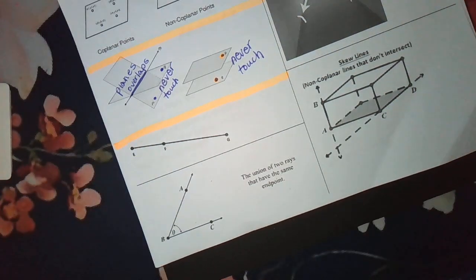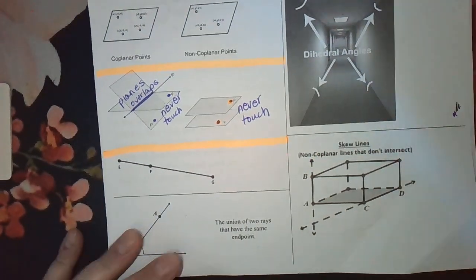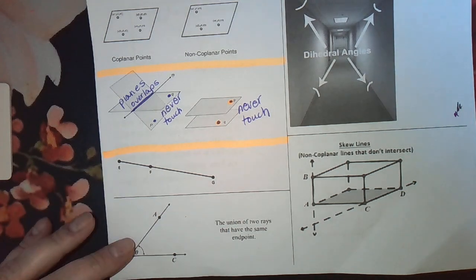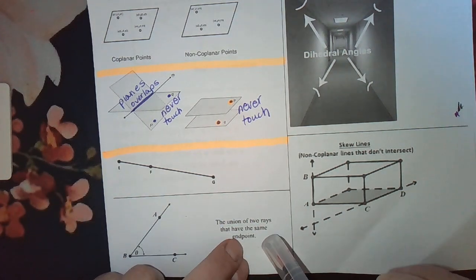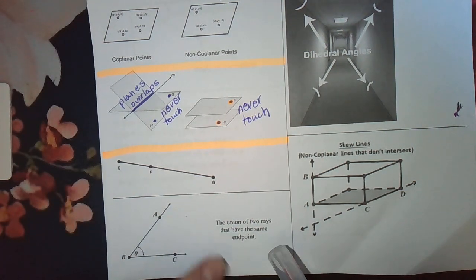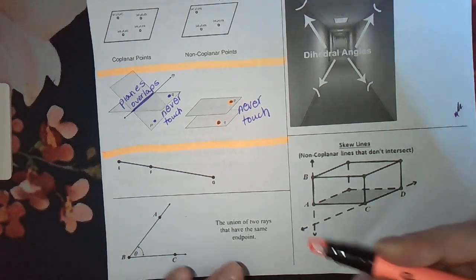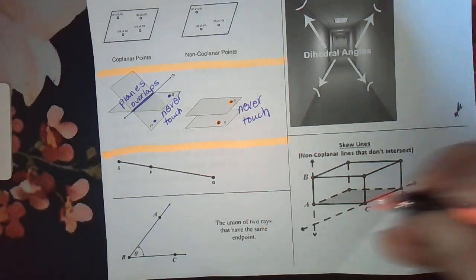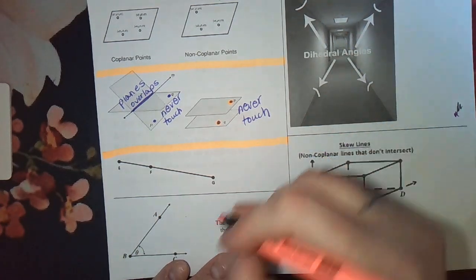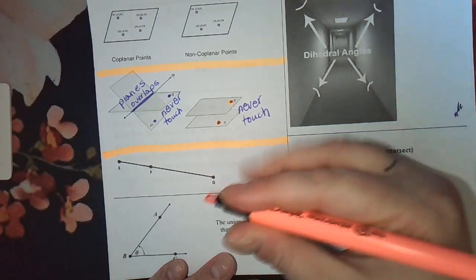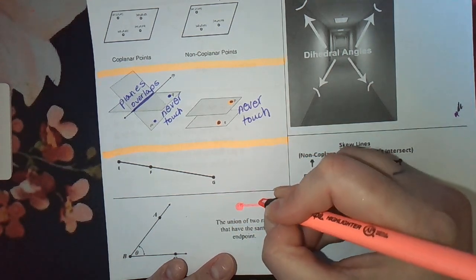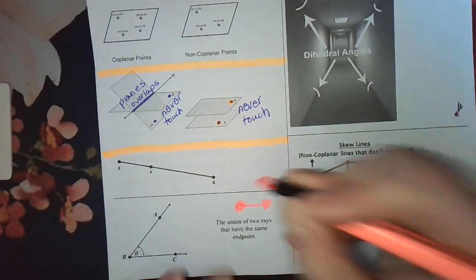Okay, let's see here. The next example. Let's look at the bottom down here. It says the union of two rays that have the same endpoint. A ray, we'll talk about it on the next page and the next page and everything else, but a ray just looks like one point with an arrow on the end.